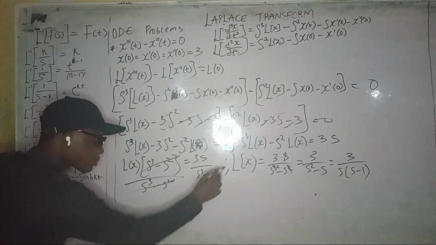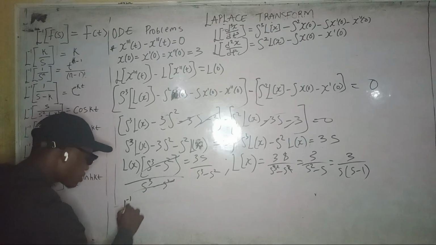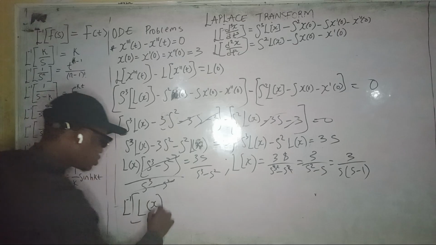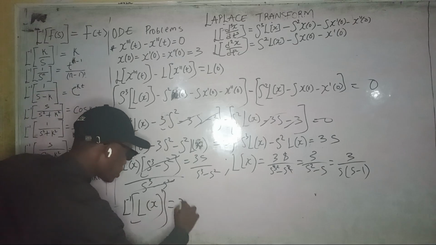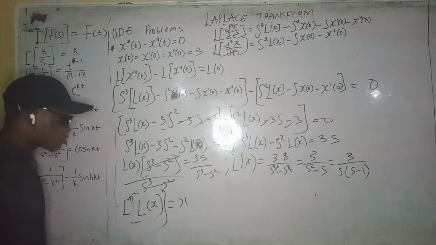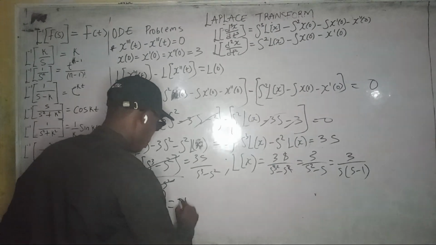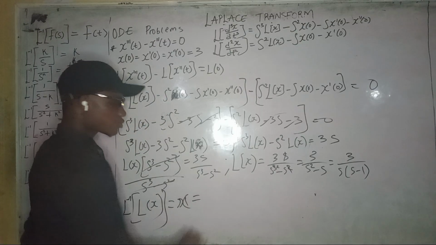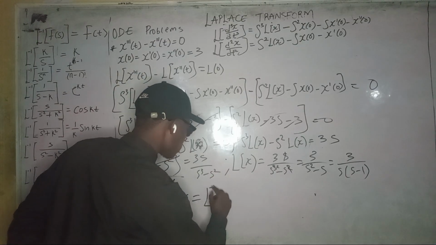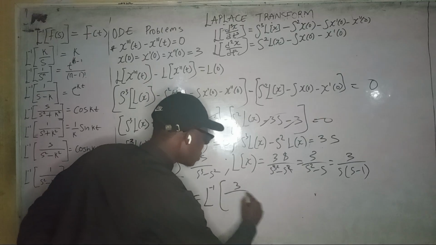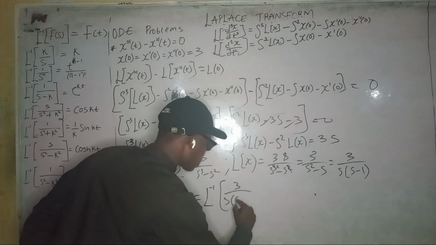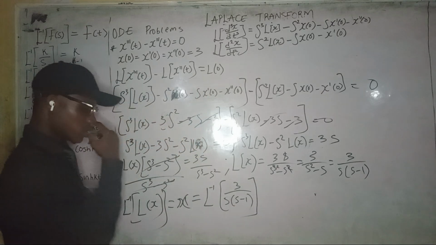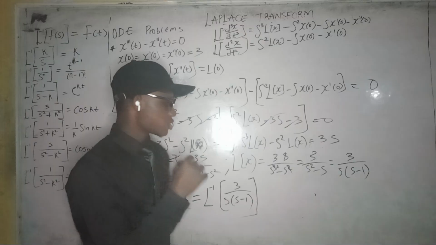The inverse Laplace transform cancels the Laplace transform, so x is equal to the inverse Laplace transform of 3 over s times (s minus 1).